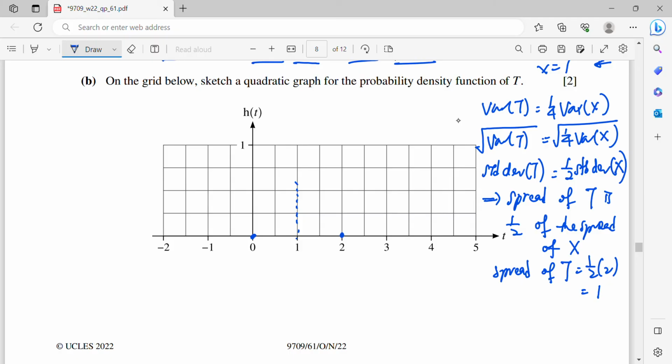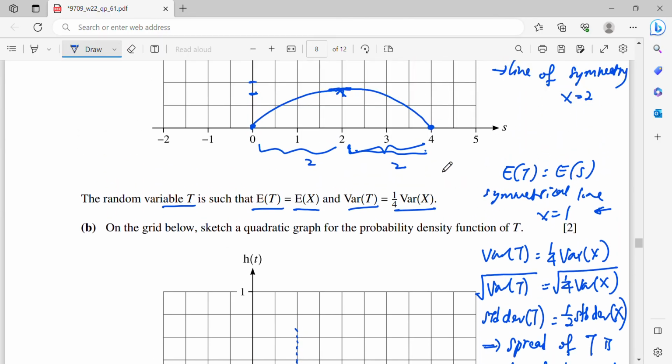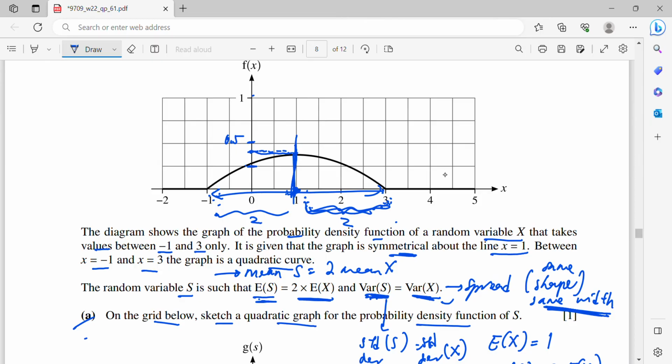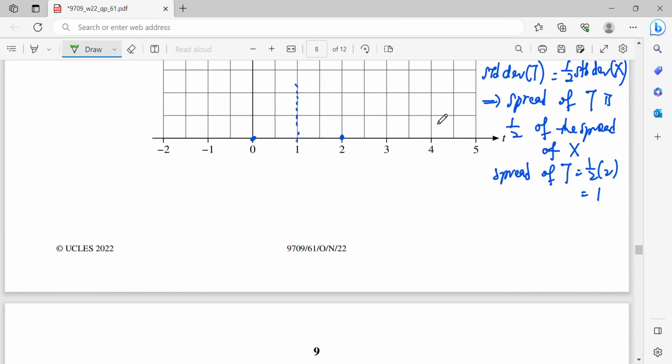Okay, and now you must understand that the area is still the same. So in order to get the same area, since you have pushed the graph, instead of a total width of 4, now the total width becomes 2 only. So when you push the graph, that means the height will be increased. The height will be increased by 2 times the original height.